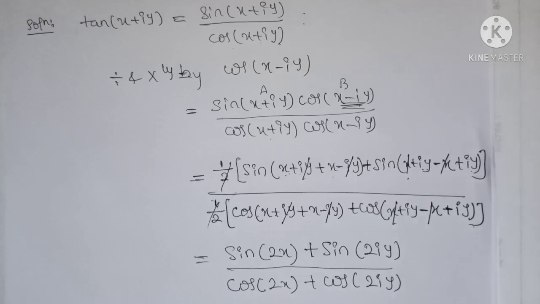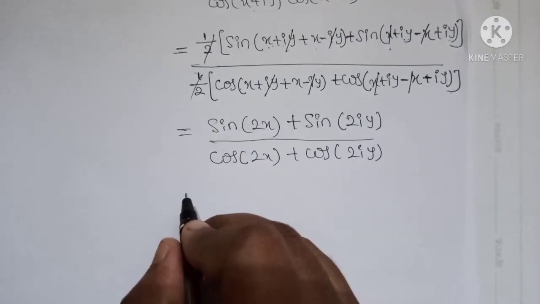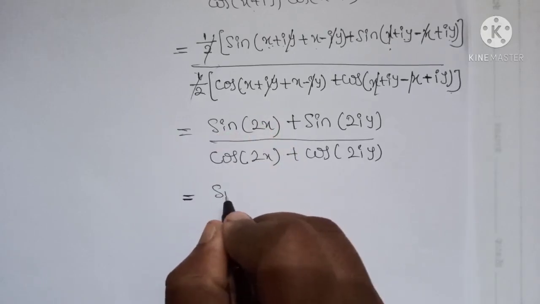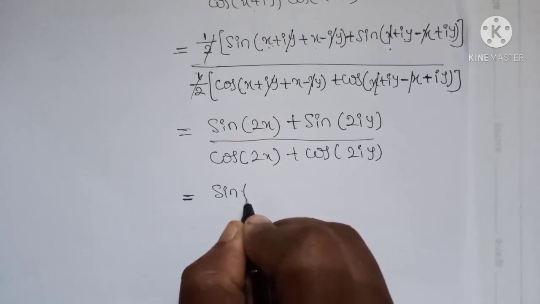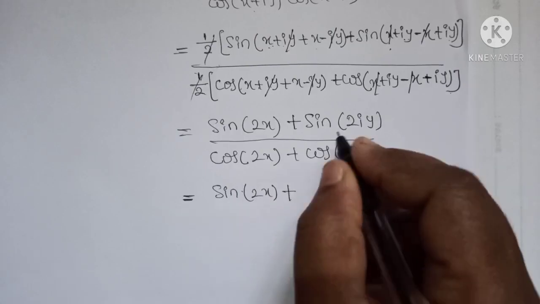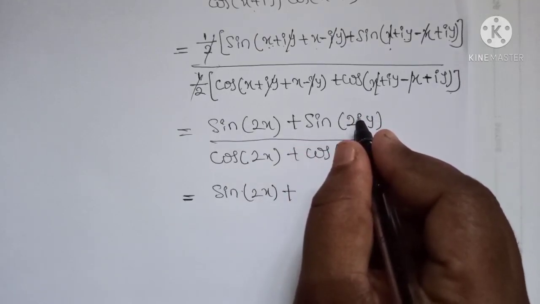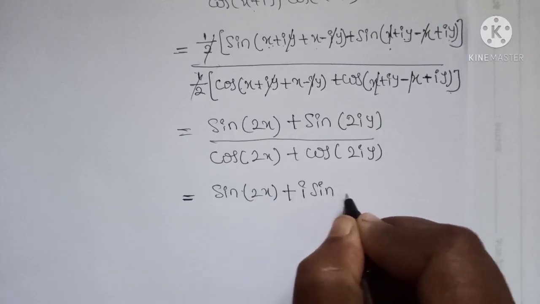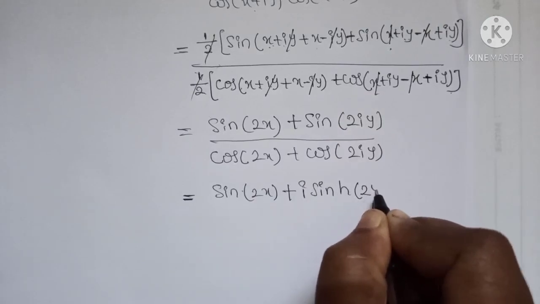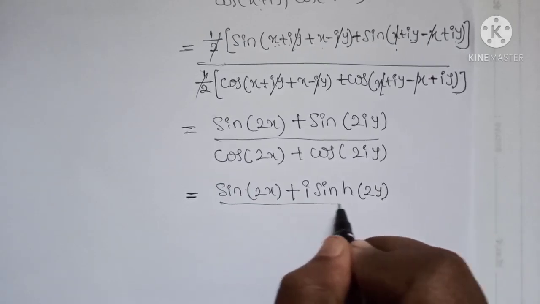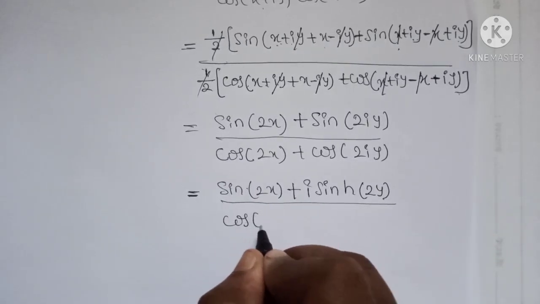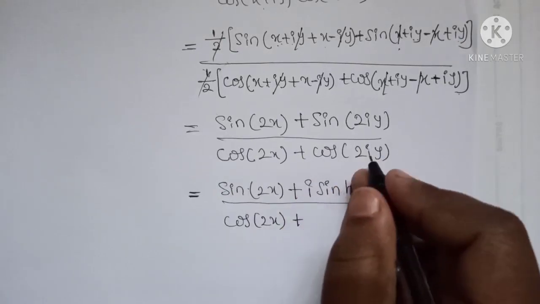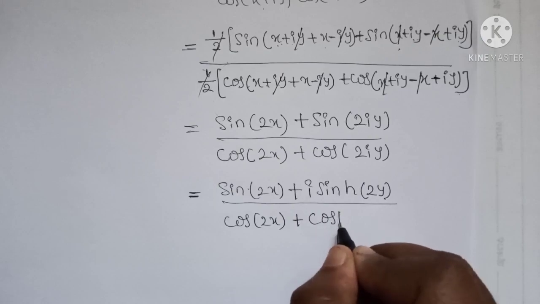Now using the relation between hyperbolic and circular functions, sin 2x we keep as it is, plus converting into hyperbolic we get i sin h 2y. In the denominator cos 2x as it is, and on transforming into hyperbolic we get cos h 2y.